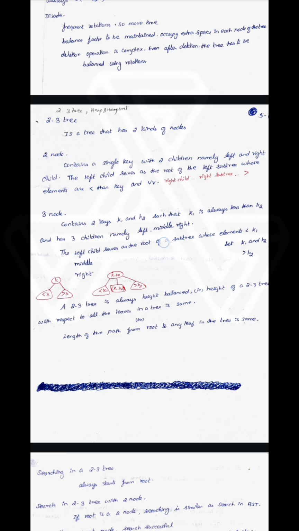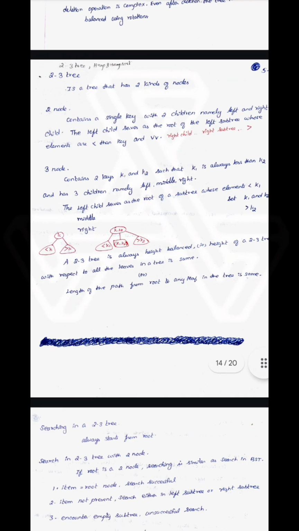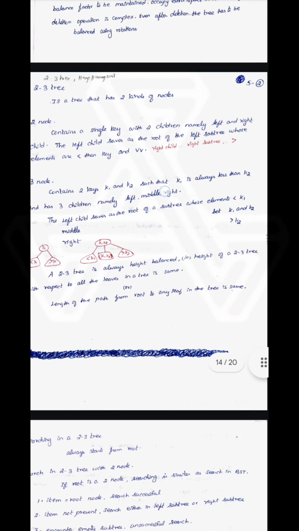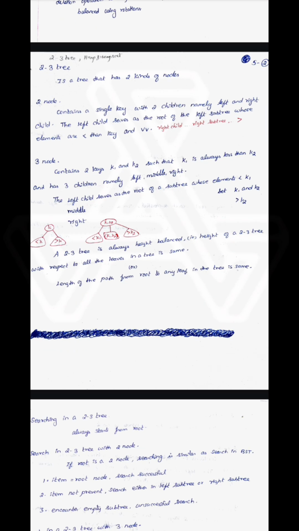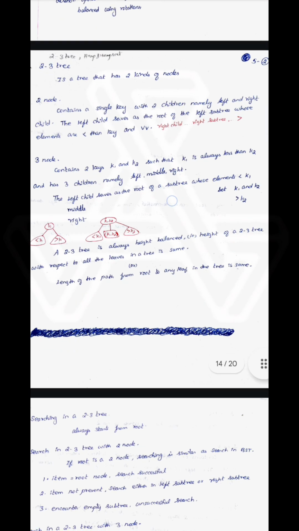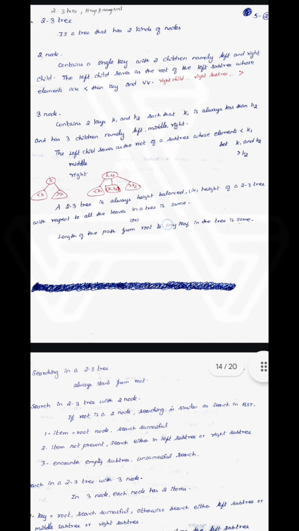A 2-3 tree is a tree that has two kinds of nodes. A 2 node contains a single key with two children, namely a left and a right child. The left child serves as the root of the left subtree whose elements are less than the key, and the right child is the root of the right subtree.